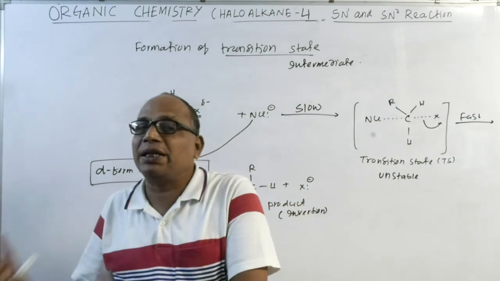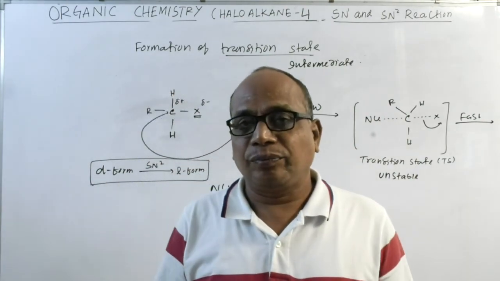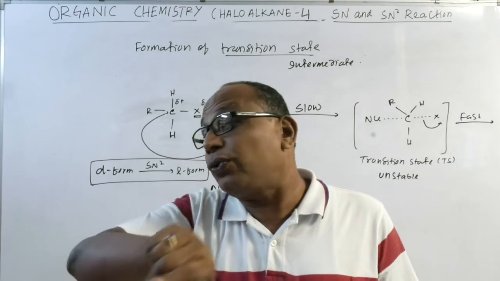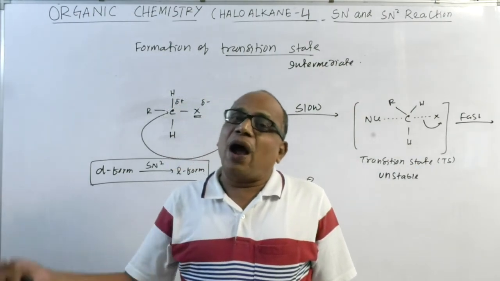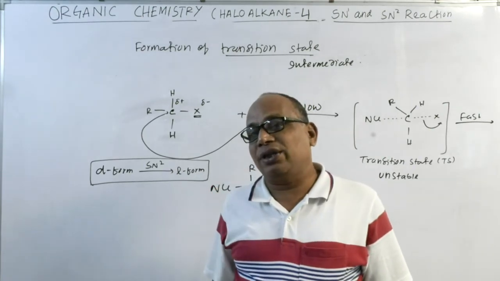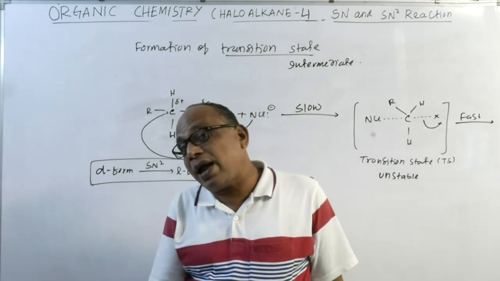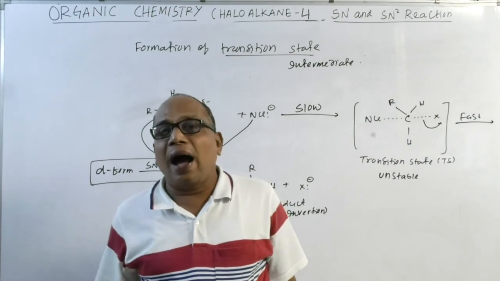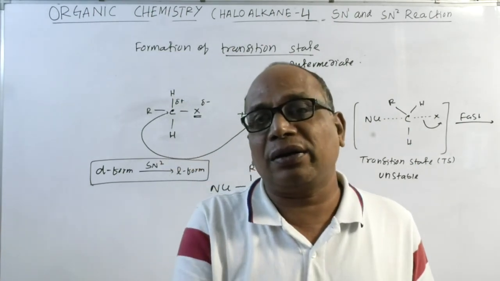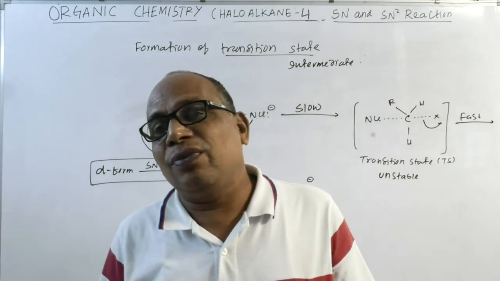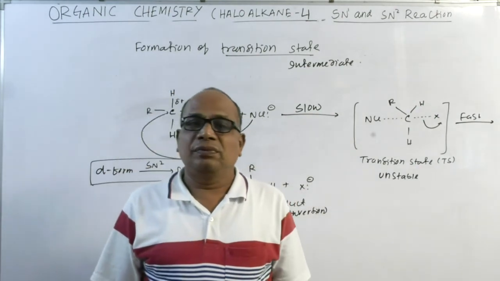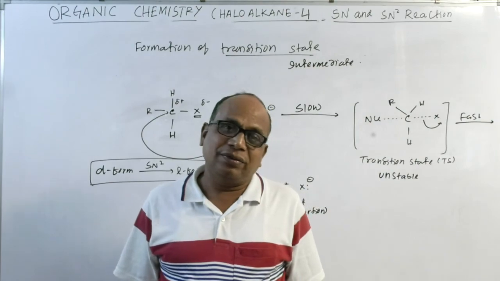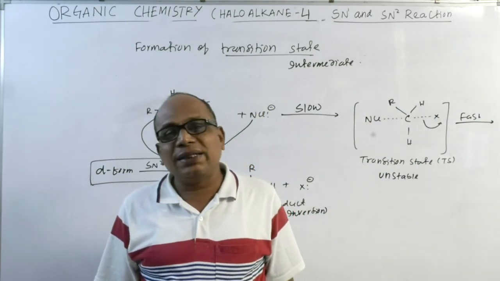But in SN2 reaction, the nucleophile attacks the carbon atom on the opposite side of the halogen atom. That's why SN2 reaction always gives an inversion product, whereas SN1 reaction gives the racemic product.